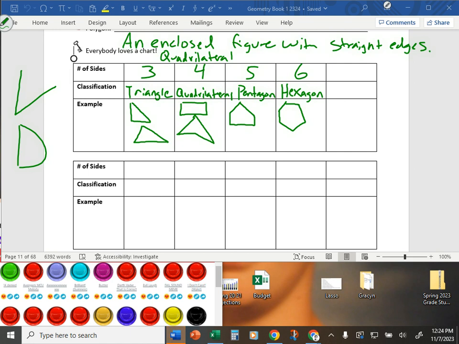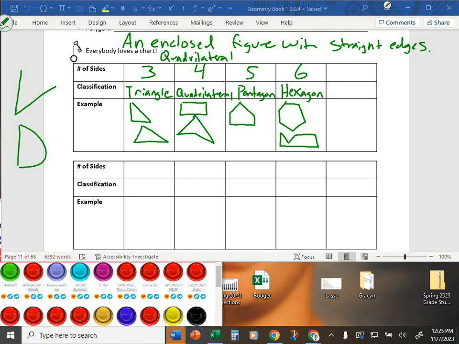Let's see another one. 1, 2, 3, 4, 5, 6. There you go. That's actually good. Hexagons are not just the standard 6-sided shape you normally associate. Hexagon is not like this shape. It just means 6-sided. So even something that looks nothing like that is still a hexagon because it has 6 sides.